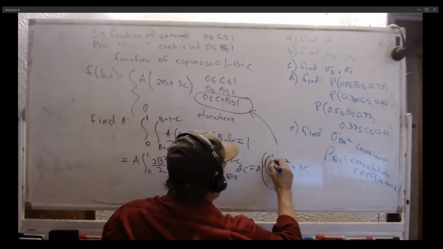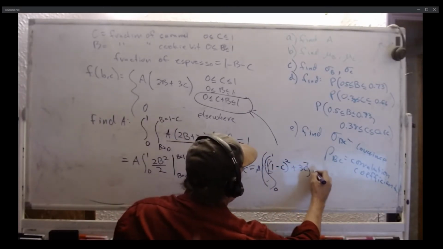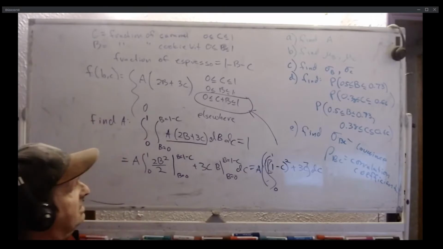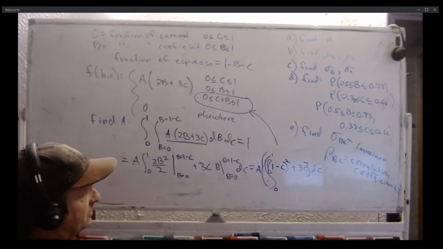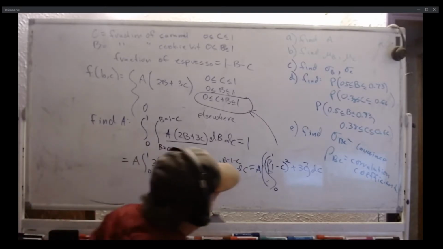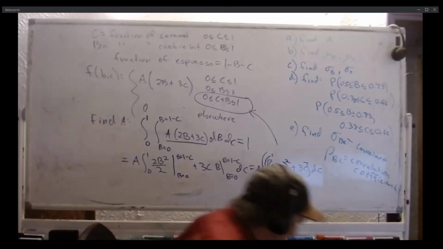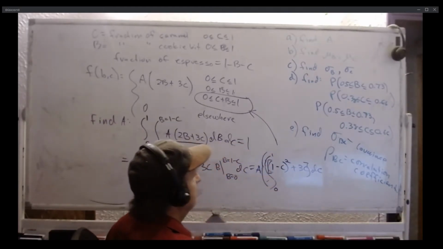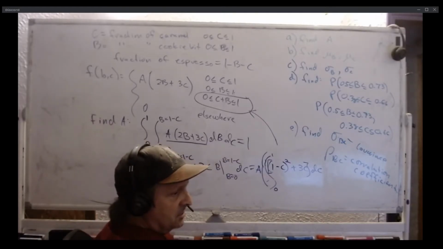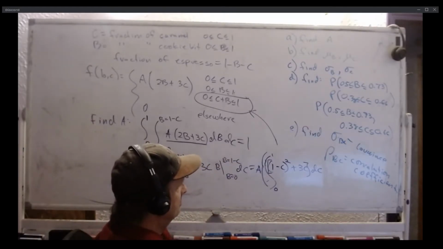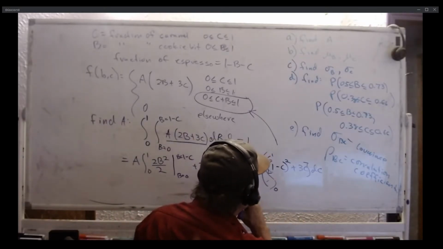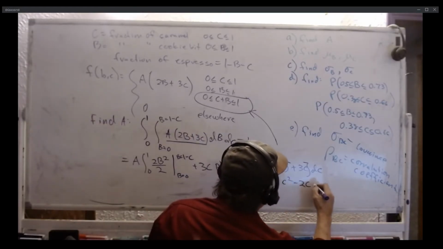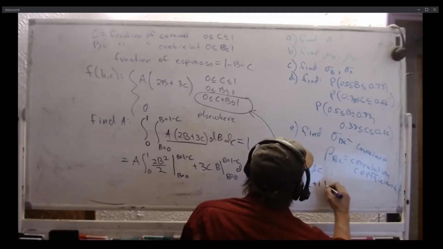This whole term is integrated with respect to c. And of course, we have the a on the outside, guys. I hope it's obvious to you that once we expand the square, we're going to have a second order polynomial, right? We're going to have c squared minus 2c plus 1 plus 3c.